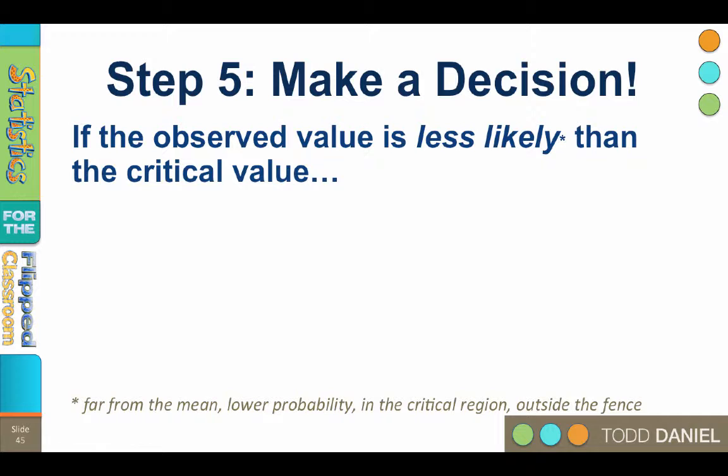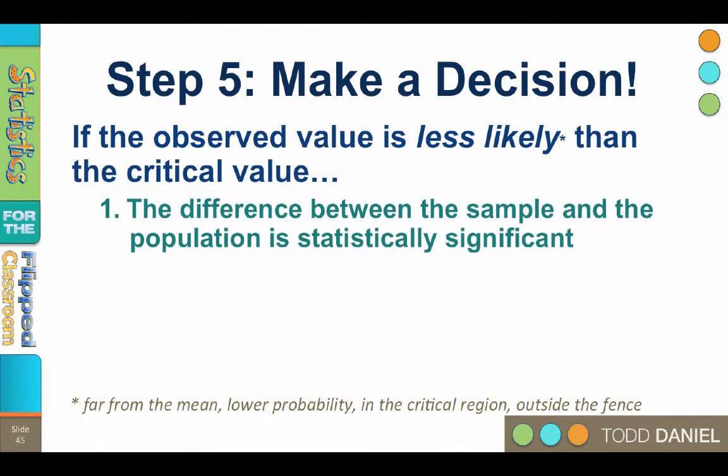You ran your statistic in your statistical software. Now you engage your brain, examine the output, and make a decision about what your analysis tells you. If the observed value, the test statistic, is less likely, in other words, farther from the mean, than the critical value, then the difference between the sample and population is statistically significant.